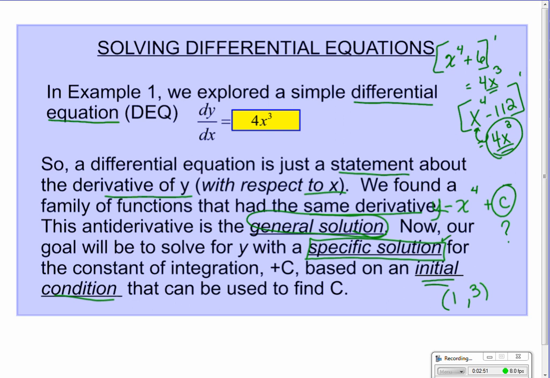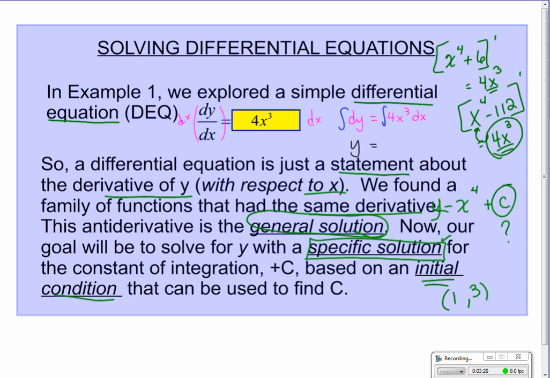So differential equations, a little word on this. I can multiply both sides by dx here, in a sense, and bring it over to the other side. So I end up with this equation dy equals 4x cubed dx. And if I want to solve this differential equation, I simply integrate both sides. And as I integrate both sides, the integral of dy becomes y equals.